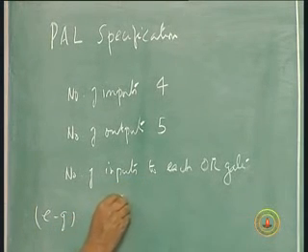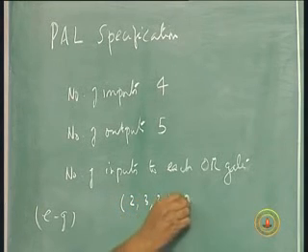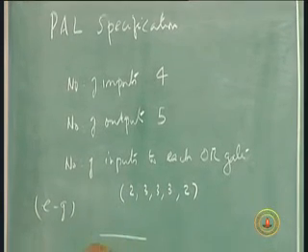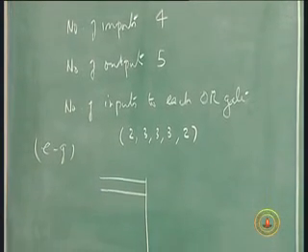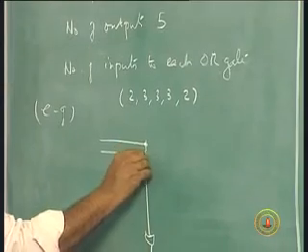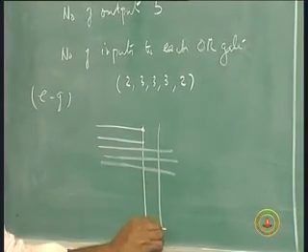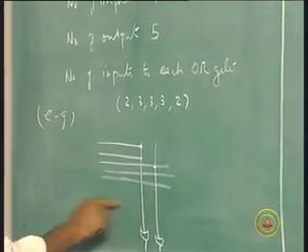That means I will have to say, for example, 2, 3, 3, 2. That means I have 5 OR gates. First OR gate will have, so it is like this. Second one, and so forth. 3, 3, 2.